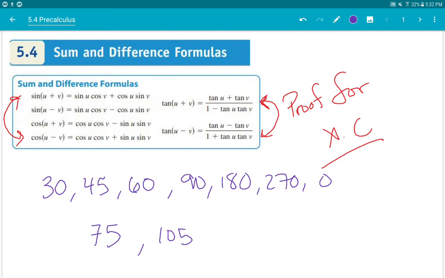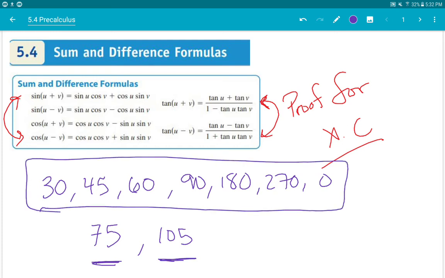So what this does for us is it helps us break some of these angles down so we can represent them in terms of the angles that we truly know and love. So in the first one, we have sine of u plus v. If you look at both sine formulas here, they both involve a sine and cosine in the first term, and again a sine and cosine in the second one.